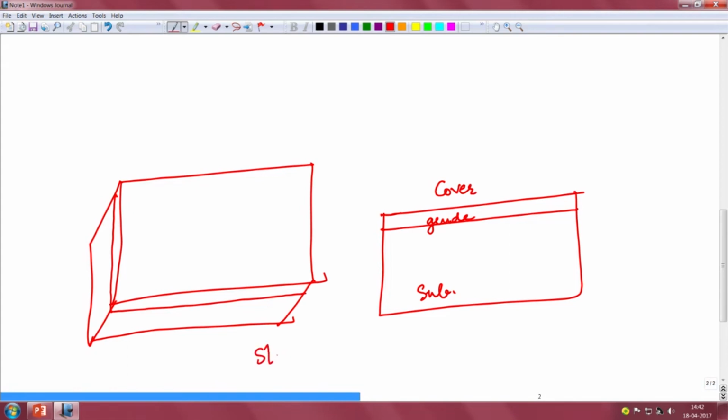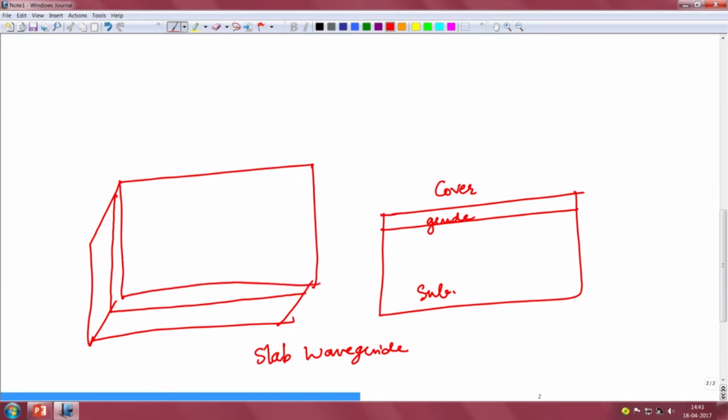This is called a slab waveguide. So, here the whole top surface is the waveguide.